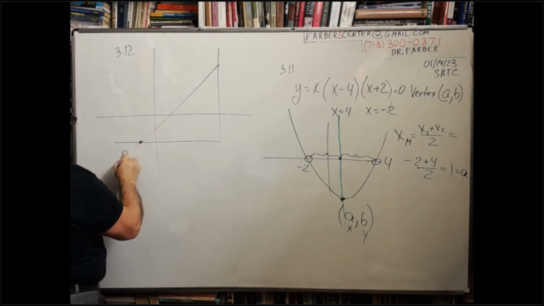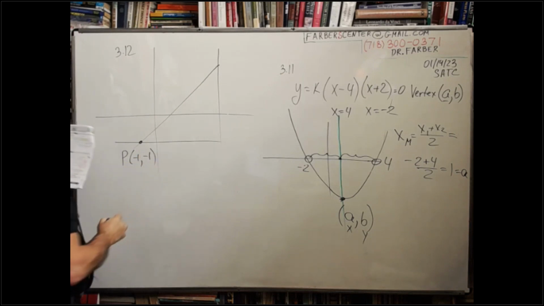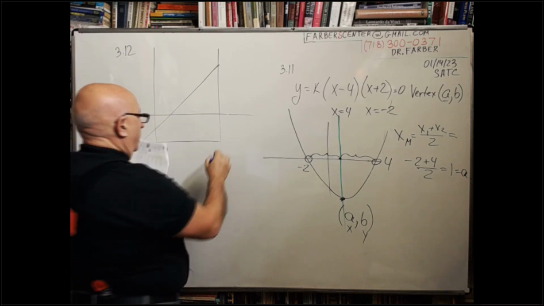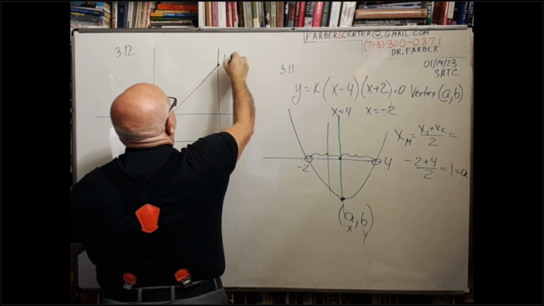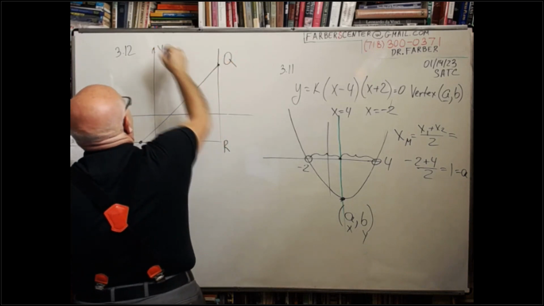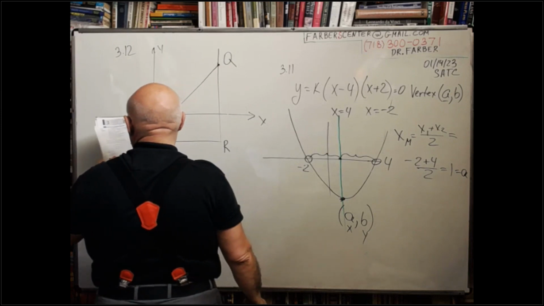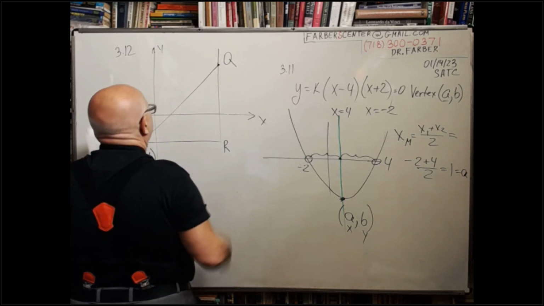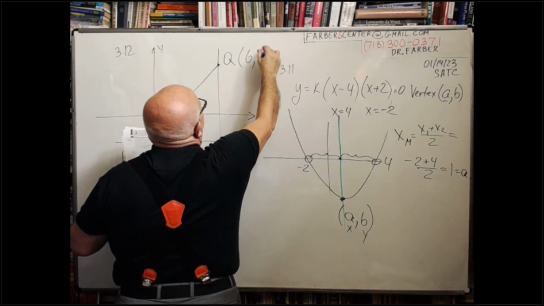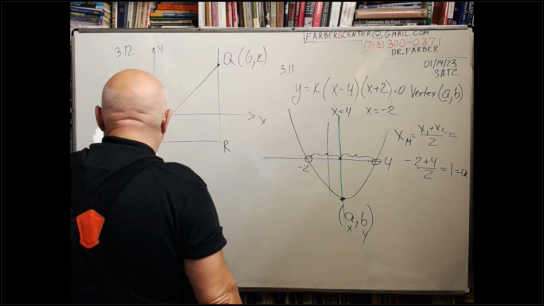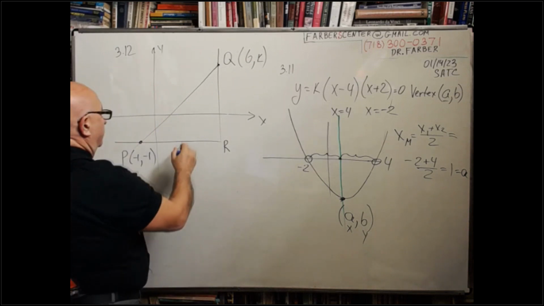This is P, which is -1, -1. This is R. This is Q. This is respectively Y and X. And Q is 6 and K. And this isosceles triangle, right?